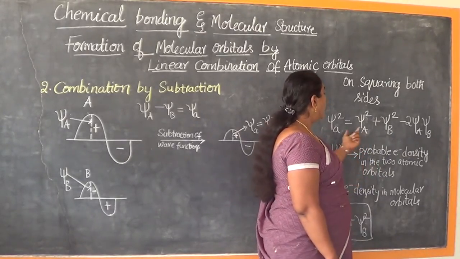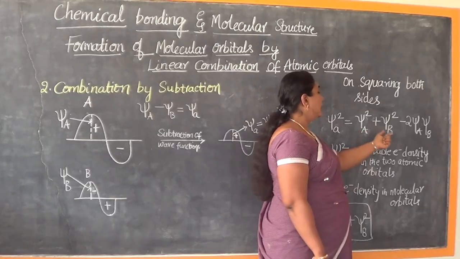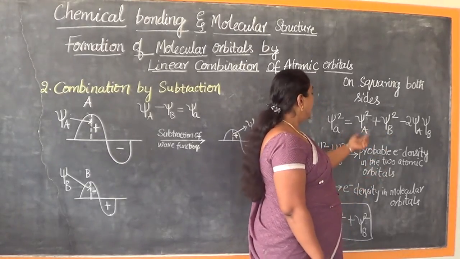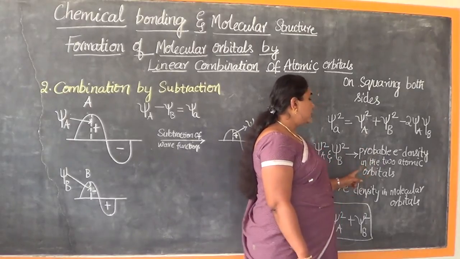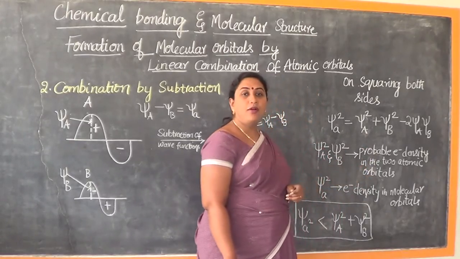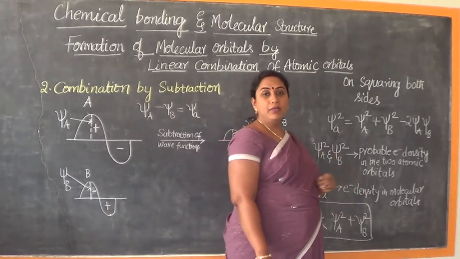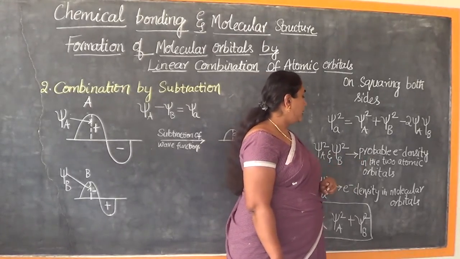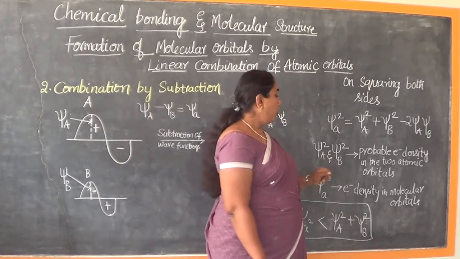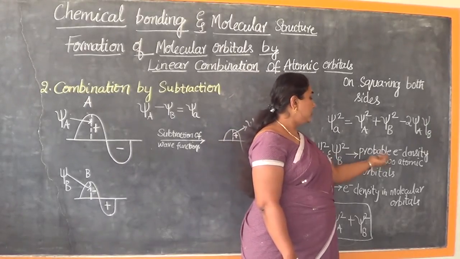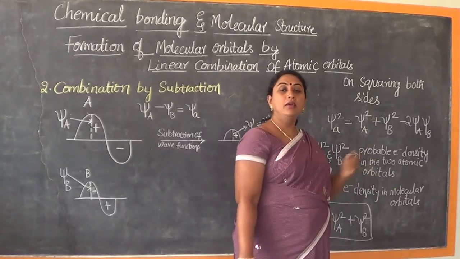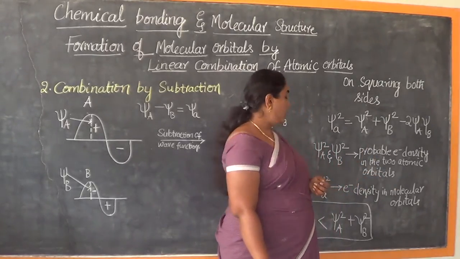So what are psi a square and psi b square indicating here? They indicate the probable electron density in the two atomic orbitals, like we learned in the previous video also. These terms indicate the electron density present in the two participating atomic orbitals which are undergoing the molecular orbital formation.